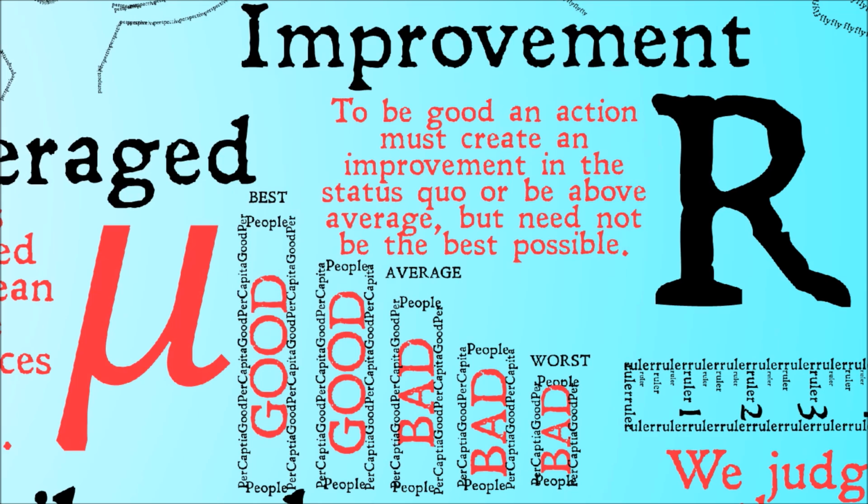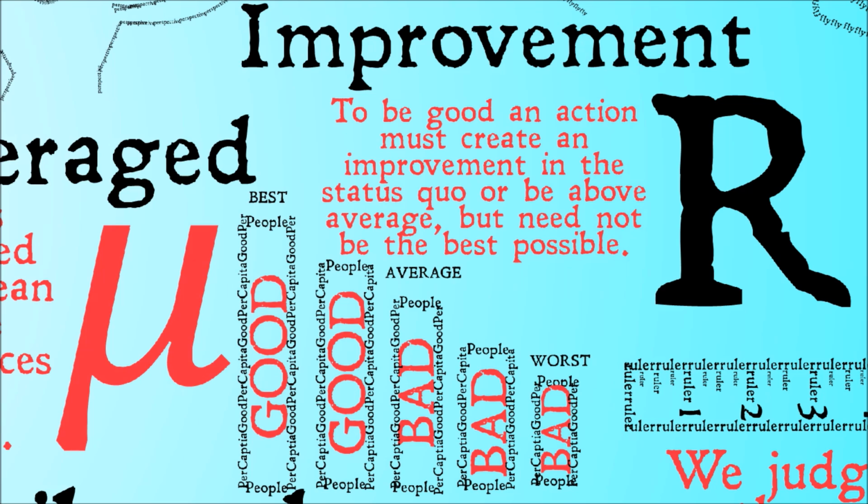That's contrasted with improvement consequentialism, which is going to say that to be good, an action must create an improvement in the status quo or be above average, depending on how exactly you parse that distinction. So once again, we have a little diagram. Either the first or the second choice could be counted as good, at least in the average version of this, because those are above average for the possible choices that you could make.